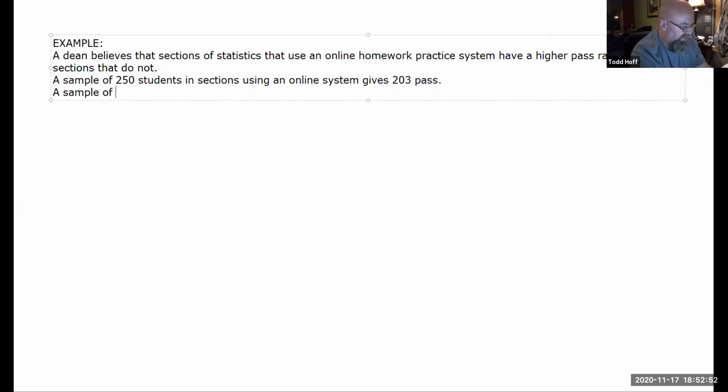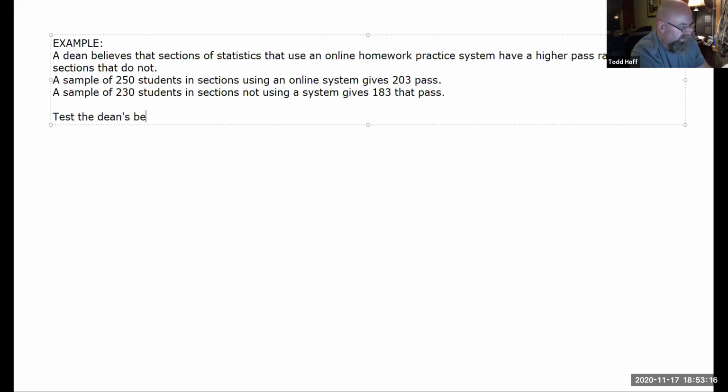A sample of 230 students, oops, 230, not 240, in sections not using an online system gives 183 that pass. We're going to test the dean's belief at alpha equals 0.05.